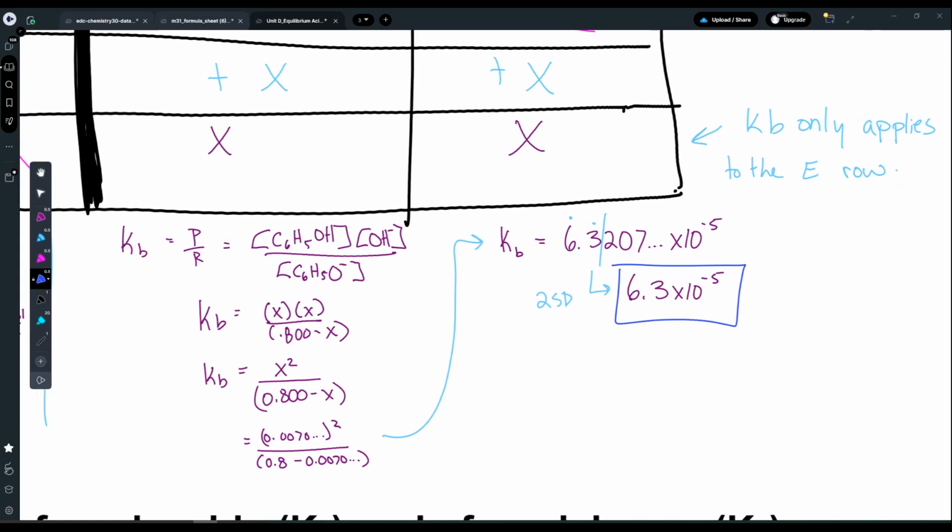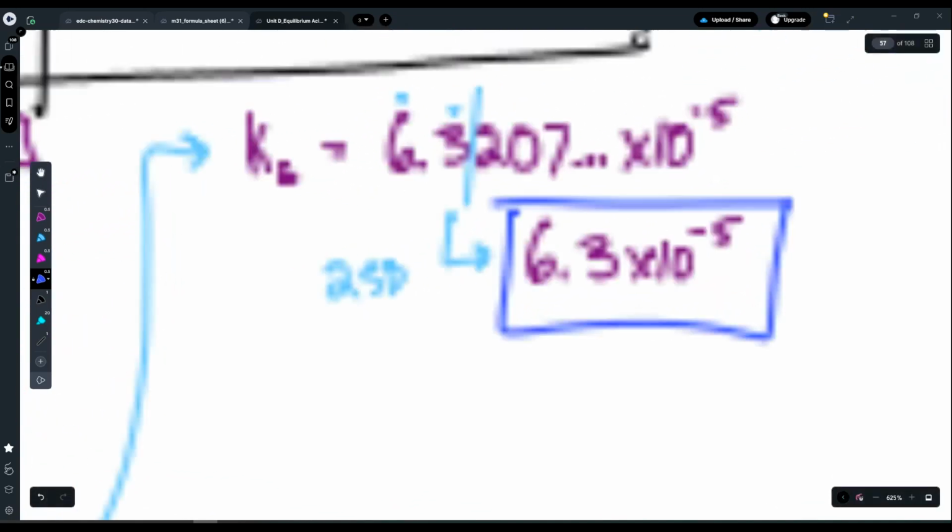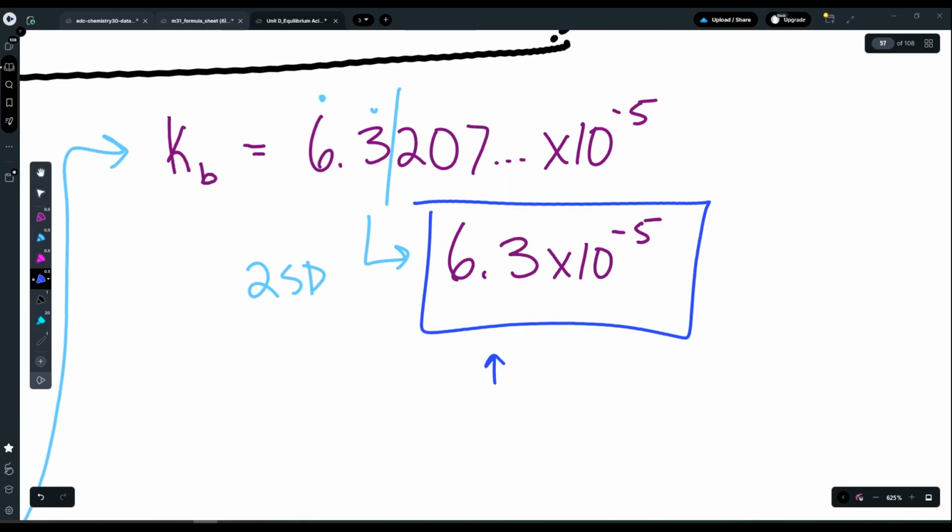Now, just to wrap this question up and talk about what exactly this number means: because it's such a small number, a lot smaller than 1, that tells you that at equilibrium, the reactants are favored.